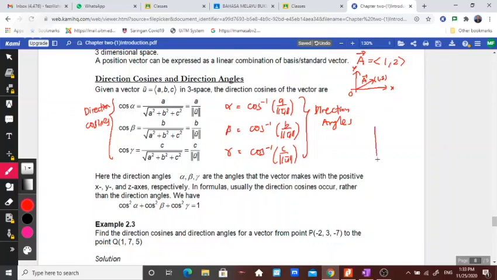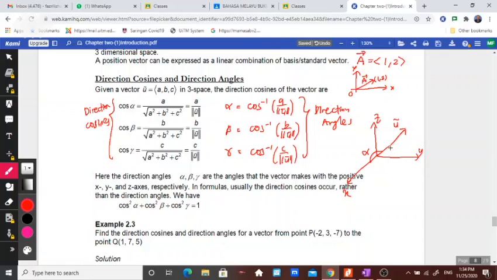If I draw the three axes x, y, and z in three-dimensional space, and one vector, let's say this is vector u, the value of alpha is the angle from the line of vector u to the x-axis.